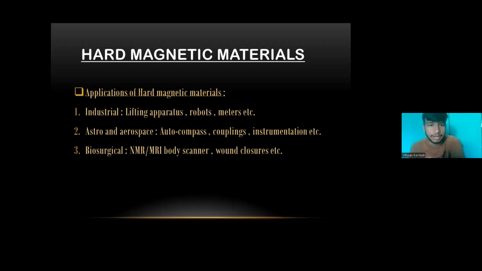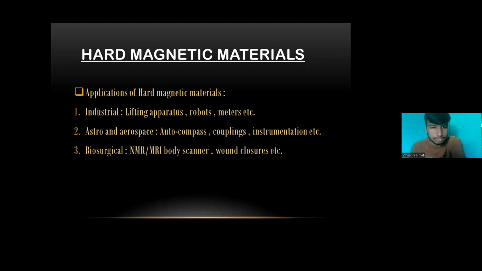To begin with, the magnetic hard materials are used for industrial purposes like lifting apparatus and robotic systems, meters, etc. In addition, they are also used in astro and aerospace technologies like the autocompass, which is used for navigation, and its needle is made up of a permanent magnet. Magnetic couplings work by using the power generated by a permanent magnet also.